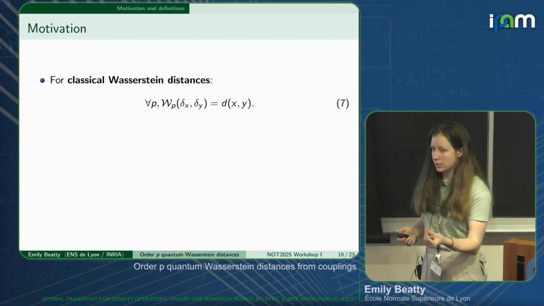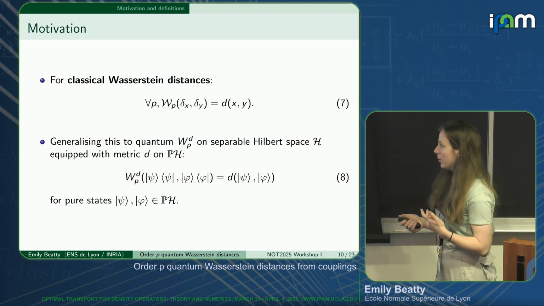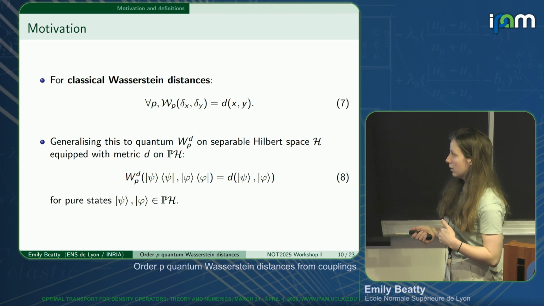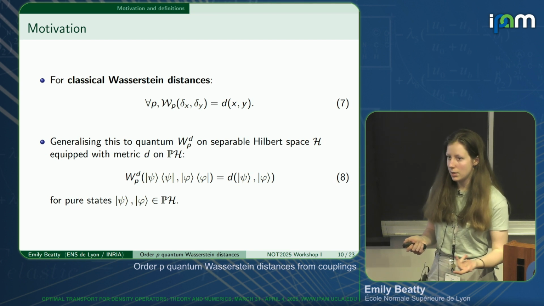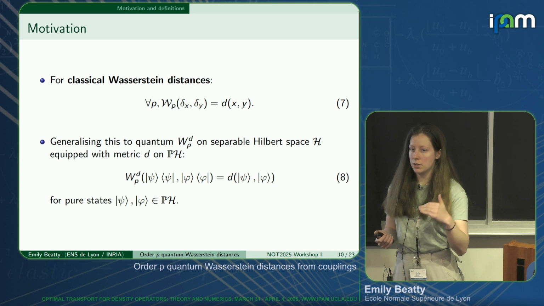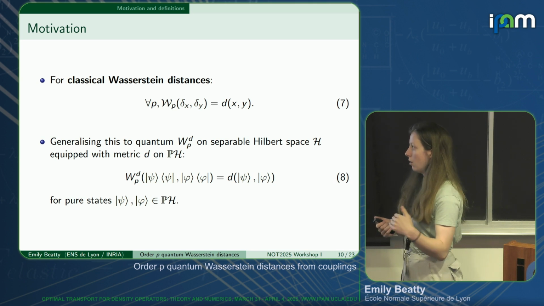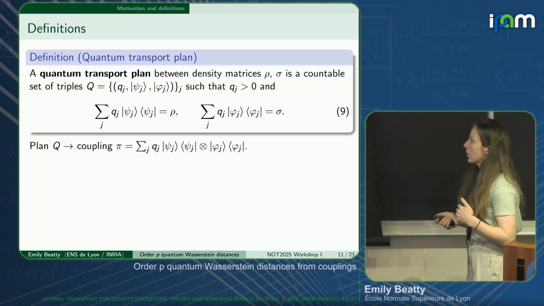So generalizing this property to the quantum setting, we would hope that any quantum Wasserstein distance defined with respect to order p and distance d, that the distance between pure states would be independent of the order p and agree with any underlying distance you put on pure states. And so this is exactly what we do.